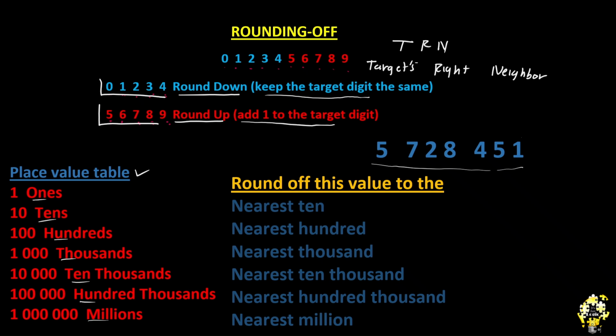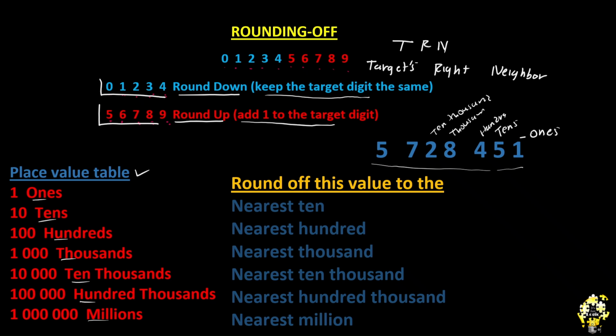This first number, we can say that it falls under the ones. This second number, as you can tell, is the tens. This third number is the hundreds. This fourth number is the thousands. This one is the 10,000s.